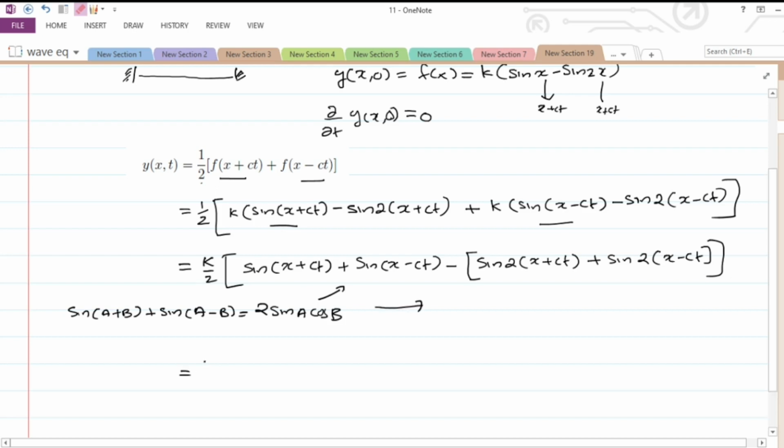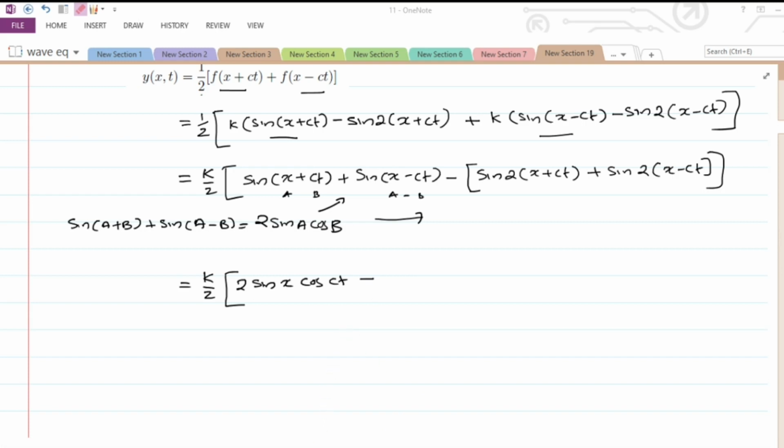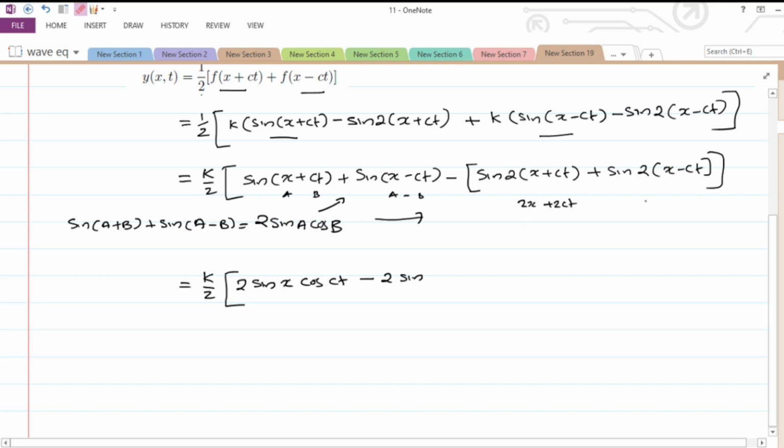So we get k by 2 into, for sin(x plus ct) plus sin(x minus ct), taking x as a and ct as b, 2 sin x cos ct, minus the other term, where we take 2x plus 2ct and 2x minus 2ct, with 2x as a and 2ct as b, which becomes 2 sin 2x cos 2ct. So this is actually our y of x,t.